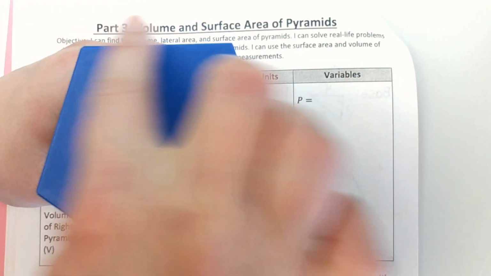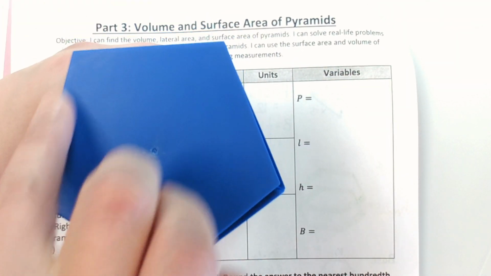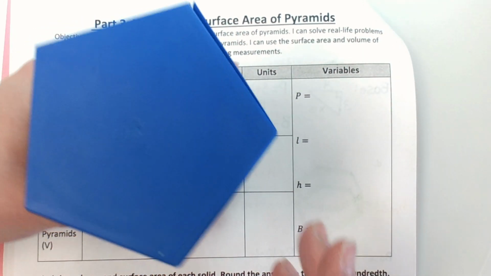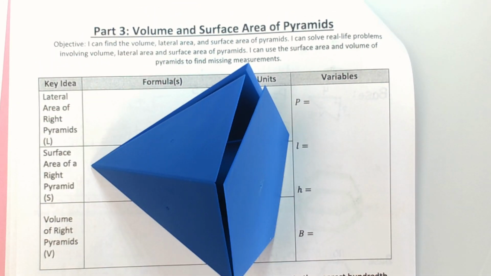What do you call the distance around a shape? Perimeter, which means when I do my 1/2 base times height for the area of those triangles, the base could be the perimeter of the actual pyramid's base.